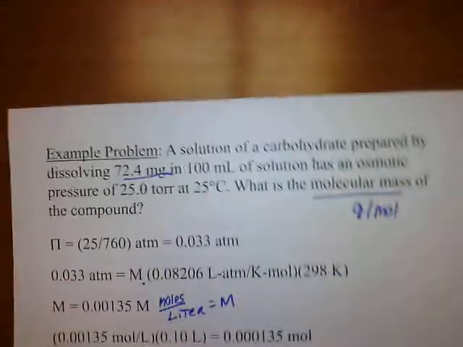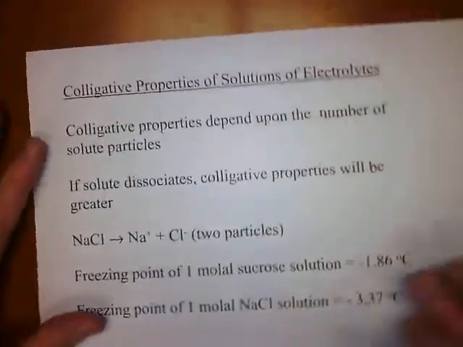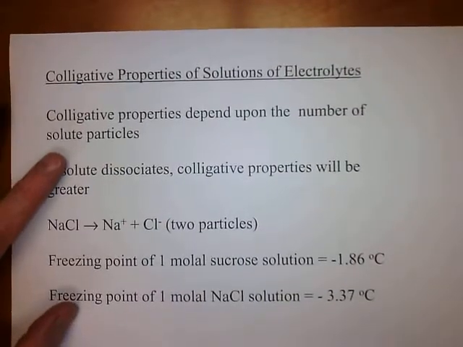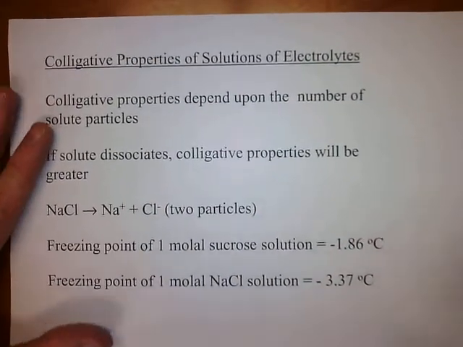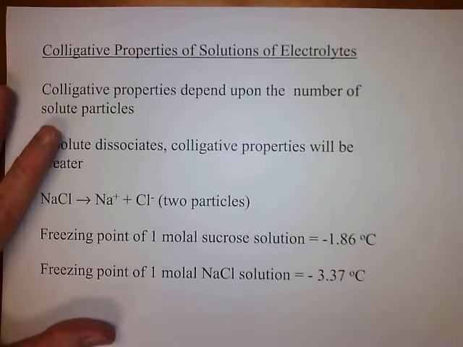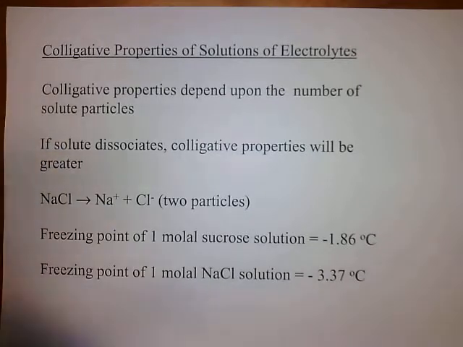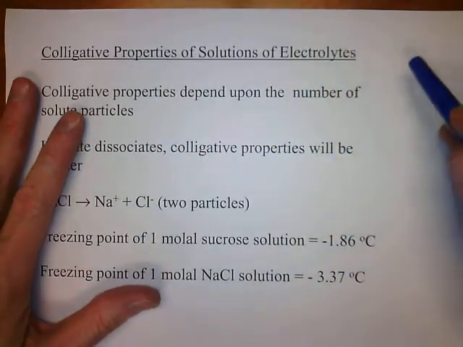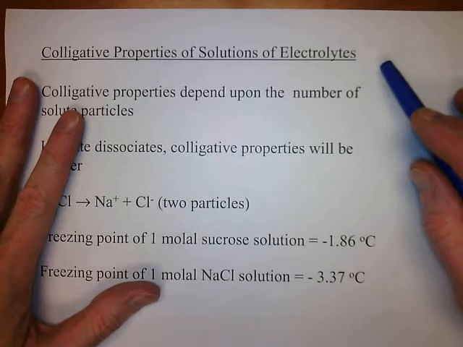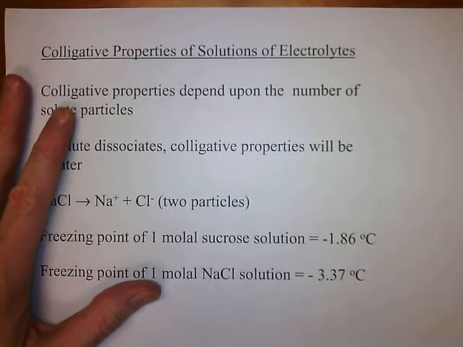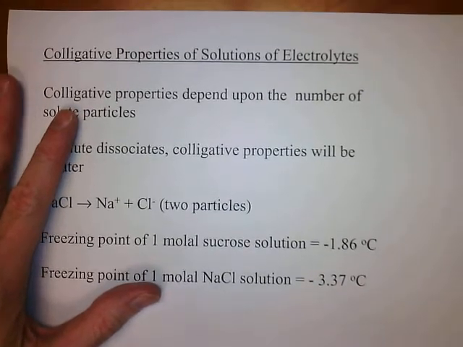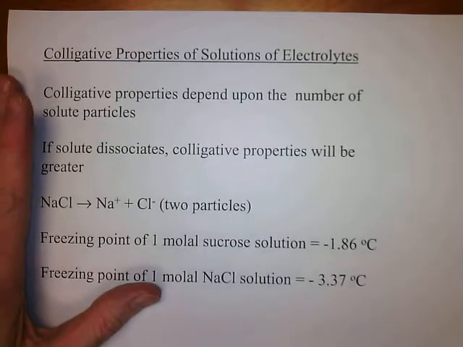Okay, so we got one more thing to talk about here, and that's colligative properties of solutions of electrolytes. We didn't really come out and say so, but all the previous examples I used here have been non-dissociating solutes.